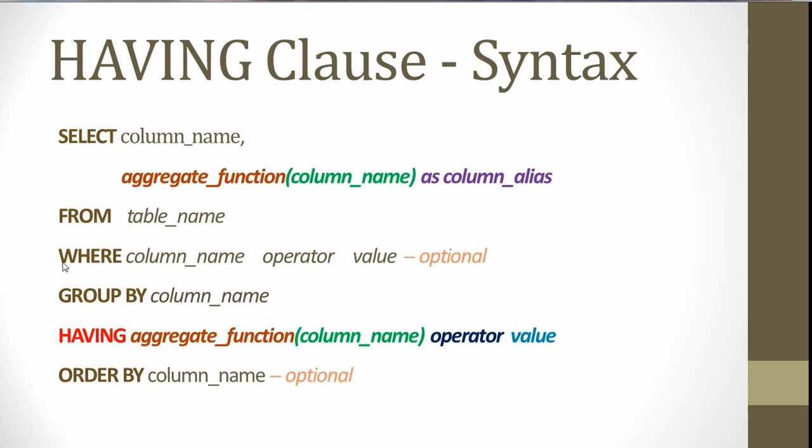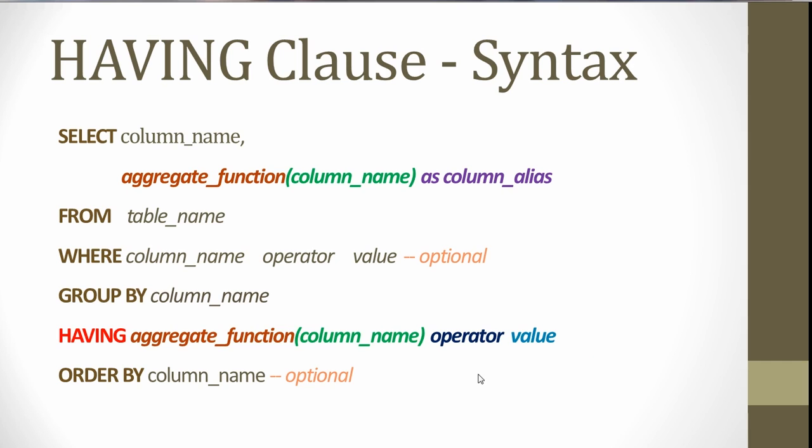Pretty similar to the where, which has a column, operator and value. Here additionally you can use an aggregate function on the column. Lastly, if you have an order by, you include it after the having clause. So this is pretty much the whole syntax for group by and having.